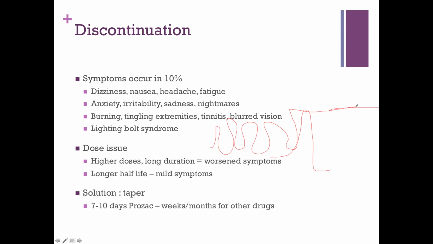So when patients do want to get off of the medication, which they eventually should, your liver can only do so much. We don't want people to be on pharmacotherapy forever. We want to keep them on exactly what they need and nothing else. So there is a taper protocol for these drugs as well. And this involves multiple weeks, sometimes months, of slowly reducing the amount of medication safely to avoid this withdrawal effect, which will just drive the patient to continue the medication, which then puts them at risk for never going off of it.